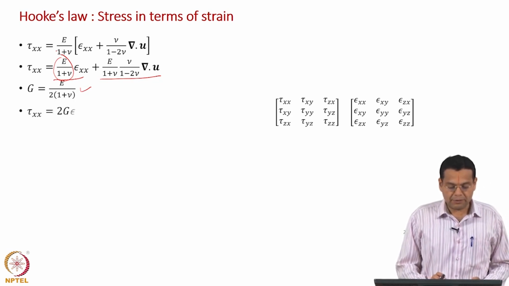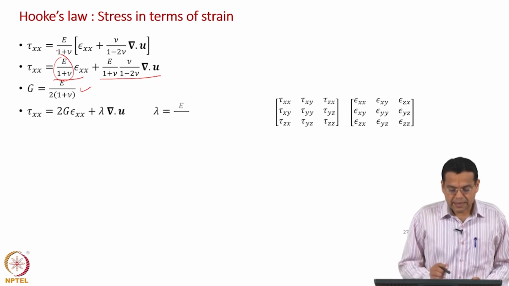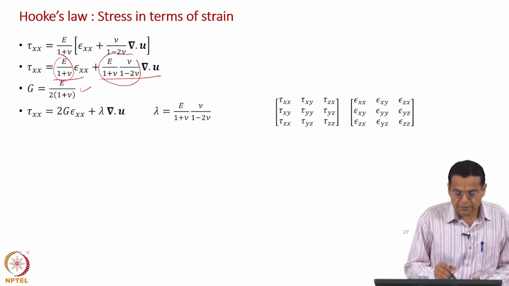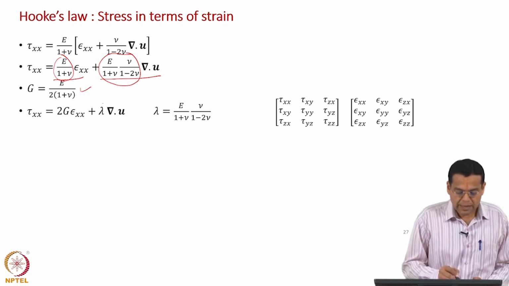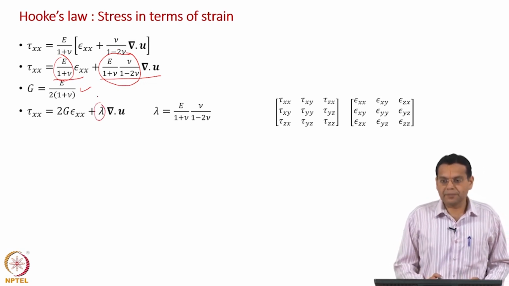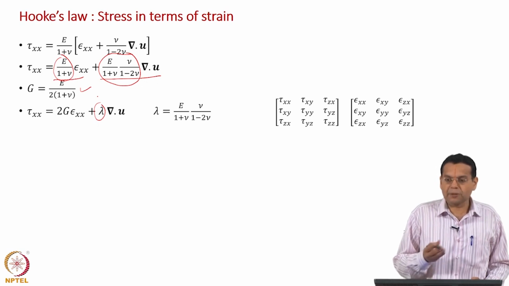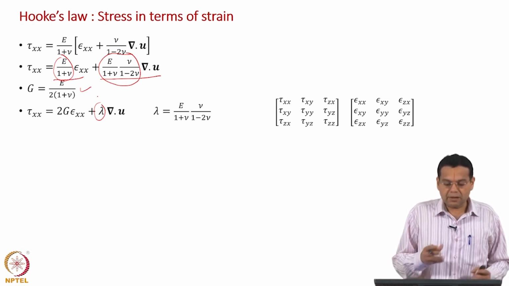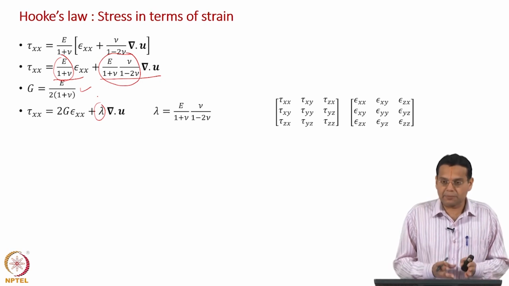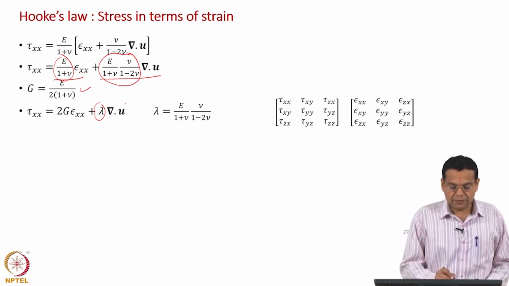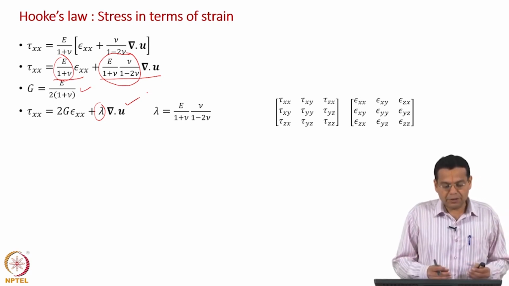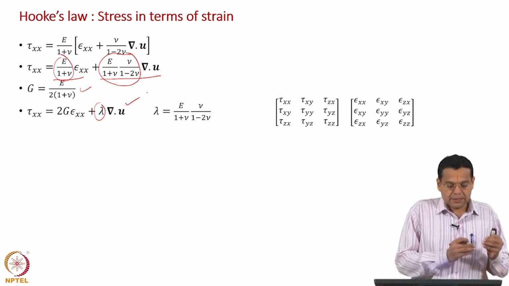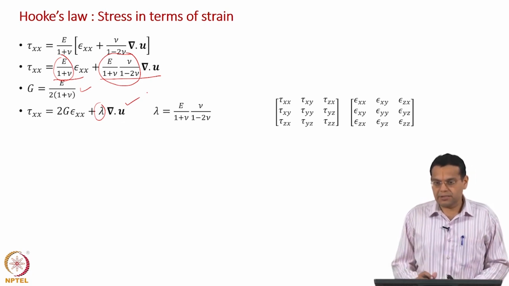So, tau xx is equal to 2G epsilon xx, and then put all the terms nu E by (1 plus nu)(1 minus 2 nu) as one other property, lambda. Why is it a property? E and nu are properties, so lambda is a combination of those properties. So lambda is another property, multiplying del dot u. This looks much simpler, and we are going to use this form of the stress strain relationship for further discussion.